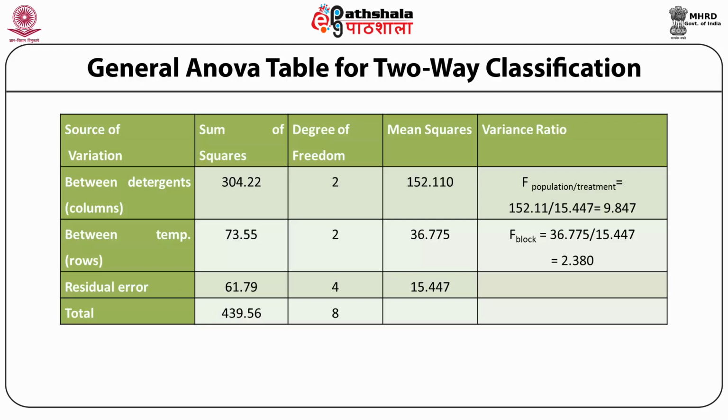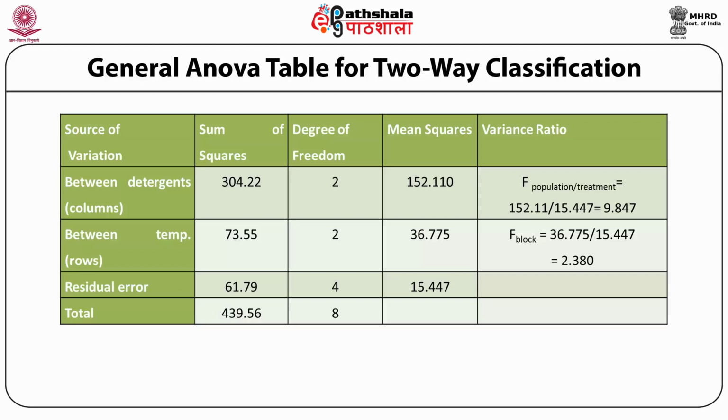Now since we are calculating the F ratio, to test the hypothesis, we need to compare the value of F calculated and F table. So based on the degrees of freedom, the F table is coming out to be F is equal to 6.94. The degrees of freedom are dF1 is equal to 2 and dF2 is equal to 4.